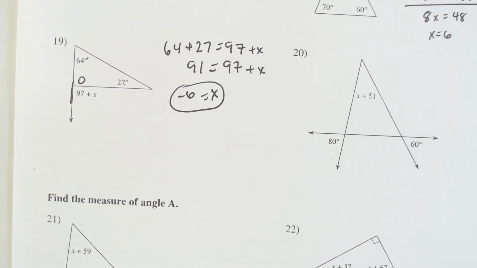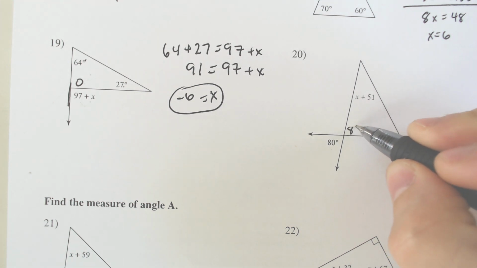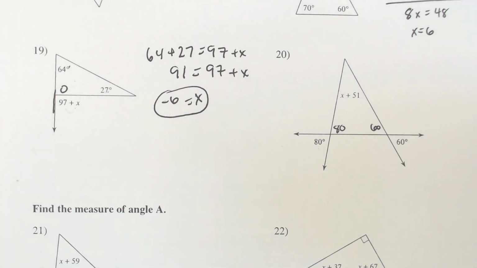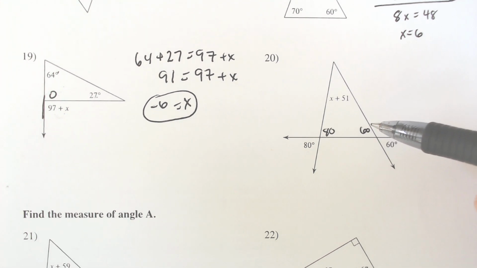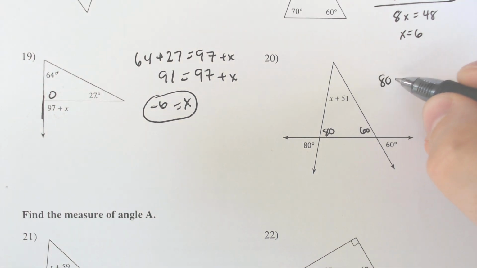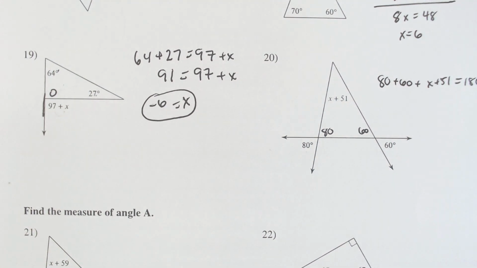What about number 20? Well, on number 20, you have vertical angles. We got 80 here. That must mean it's going to be 80 there. We got 60 here. That must mean it's going to be 60 there. All three angles of the triangle must add to equal 180. So we would have 80 and 60 and the x plus 51. They would all add together to make 180.